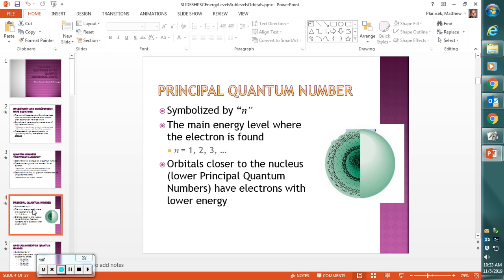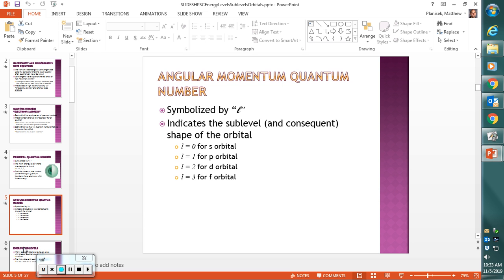Okay. What was the name of the second quantum number that we introduced yesterday? The angular momentum quantum number. All right?